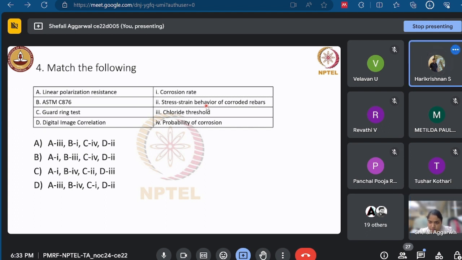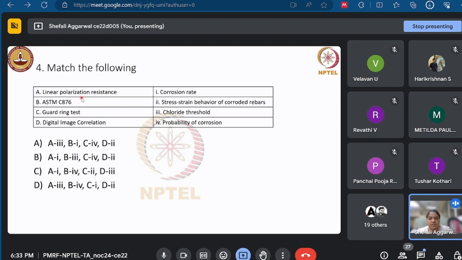Linear polarization resistance is the type of test which we are doing to get the corrosion rate or chloride threshold value. These are all different types of tests which we are doing on site.